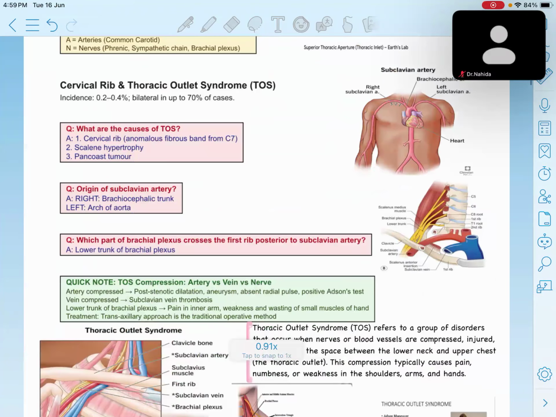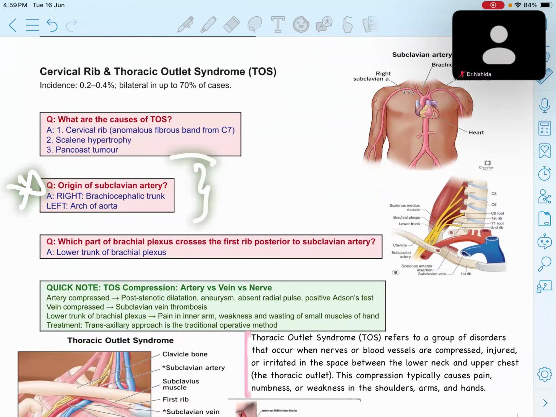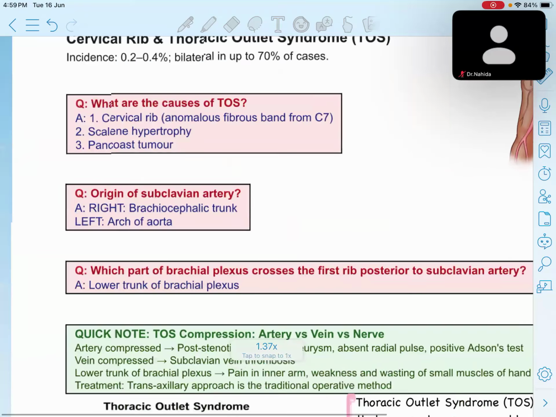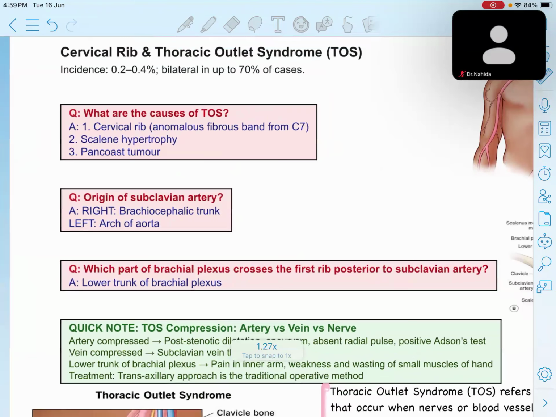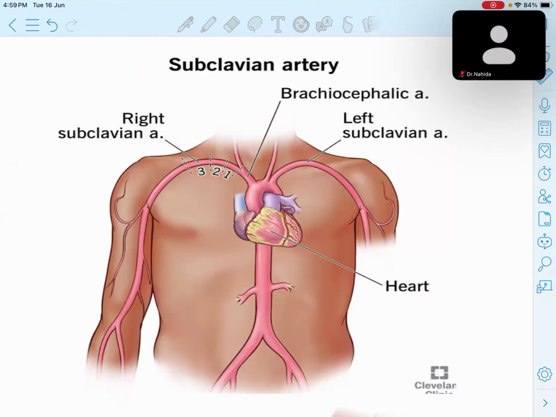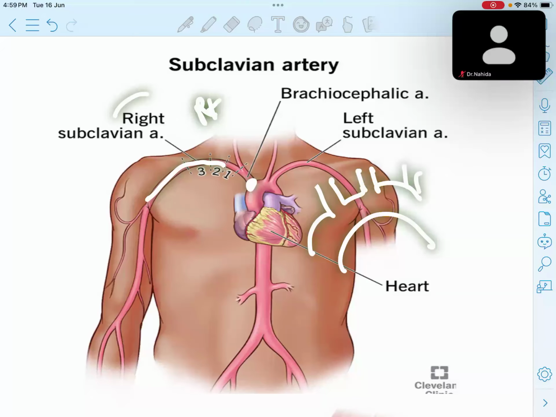And these things. See, origin of subclavian artery. When the examiner asks you this question promptly, it is difficult to answer. So try to keep the concept of origin of subclavian artery, right and left. See this picture. In right side, this is right subclavian. We know that arch of aorta has 3 branches, our famous exam BCS.